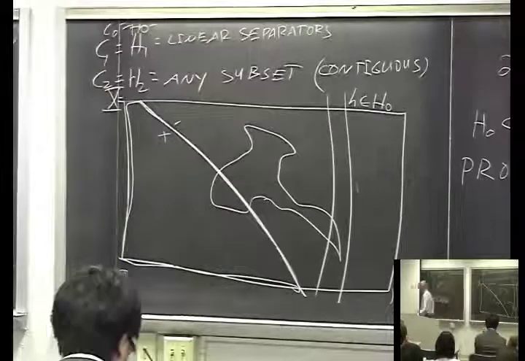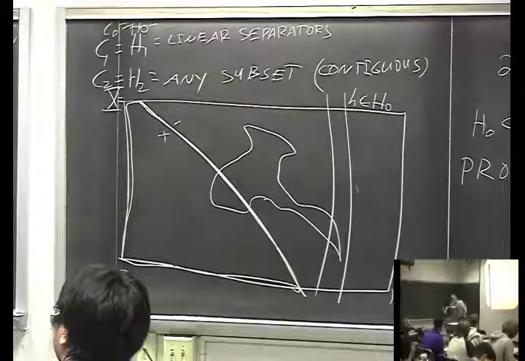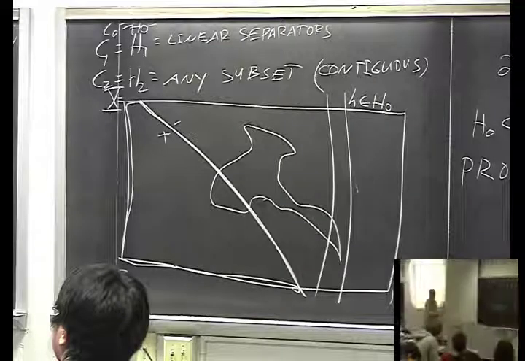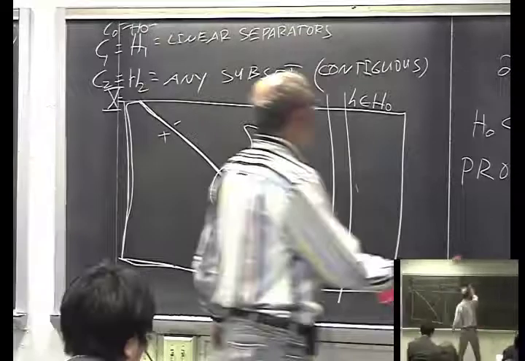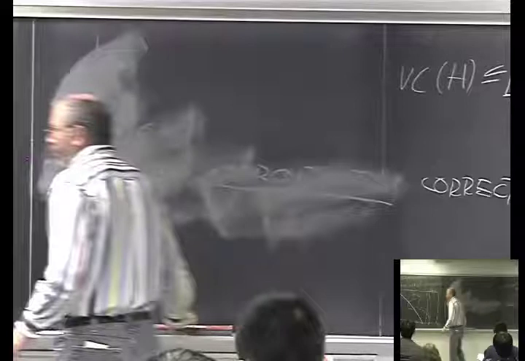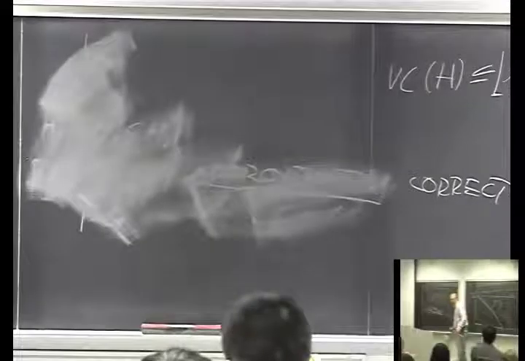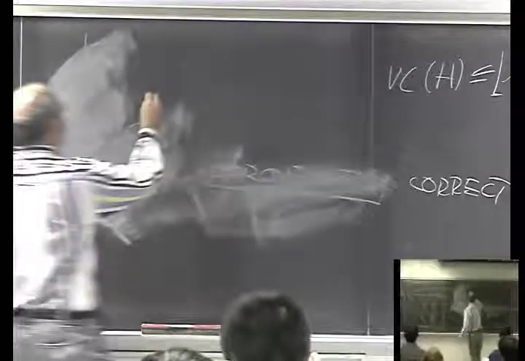We're going to play the game as I defined it: start with one point, shatter it, move to 2 points, try to shatter those, move to 3 points, and so forth. So 1 point is very easy to shatter. Here you have x1.